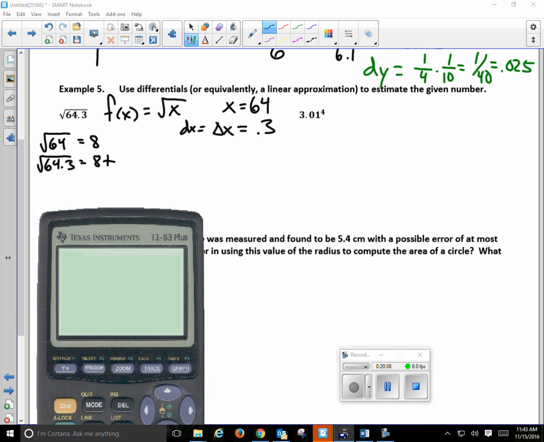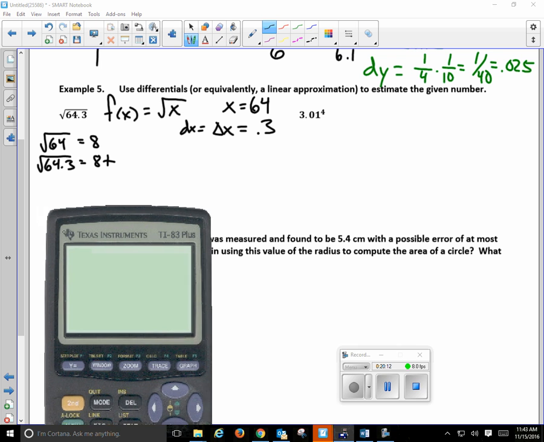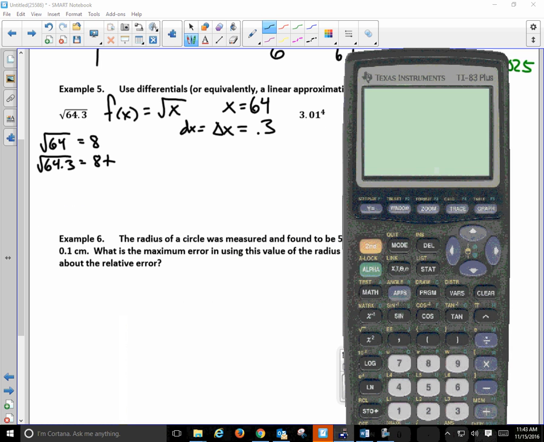And we don't know that exact amount, but we're going to estimate it. So again, keep in mind that you are Isaac Newton and you don't have a calculator. So he says, well, I'm going to find a derivative. dy over dx is, what's the derivative of square root of x?